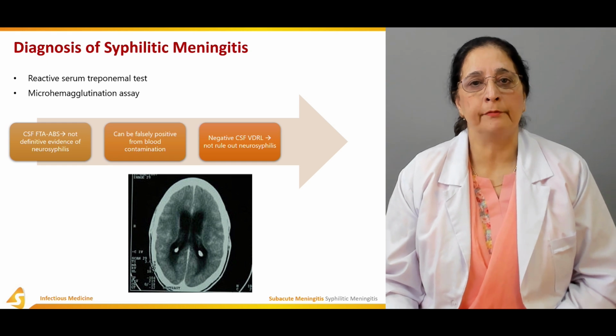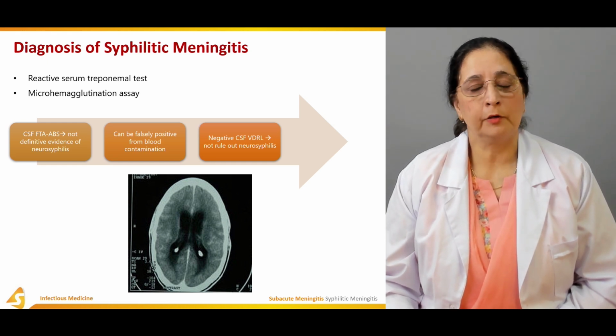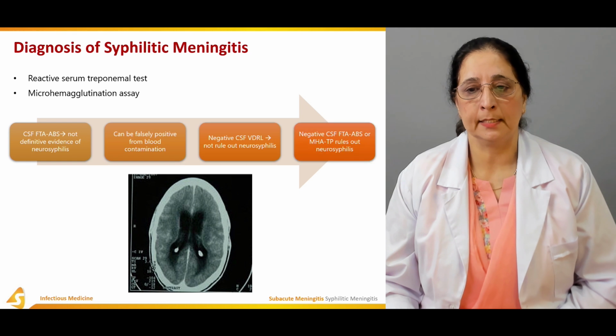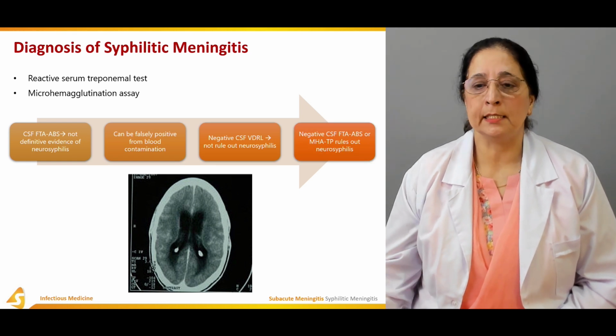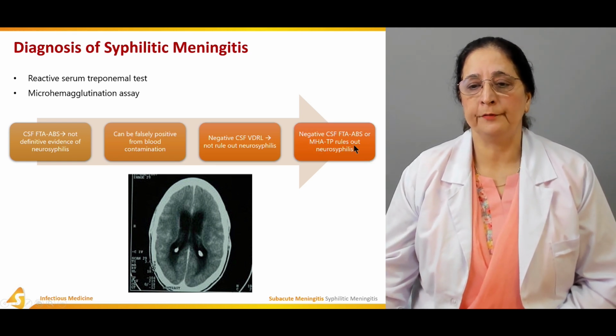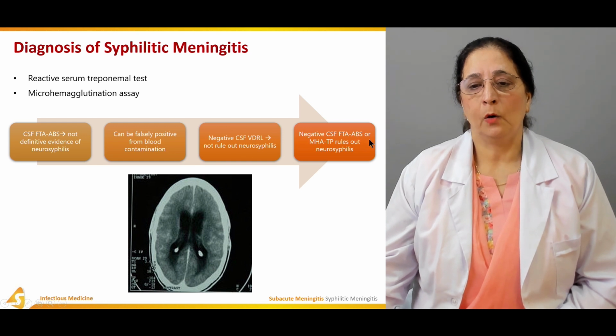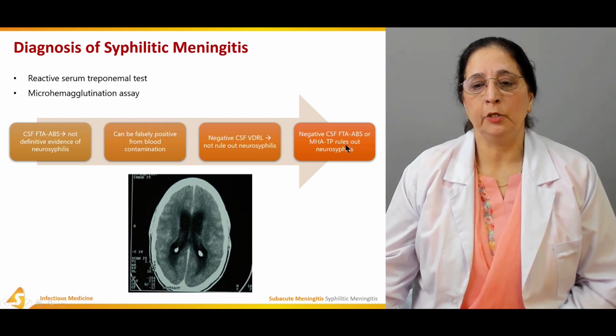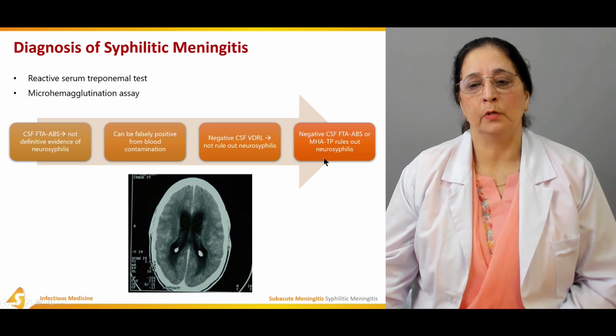A negative CSF VDRL does not rule out neurosyphilis. A negative CSF FTA-ABS or MHA-TP rules out neurosyphilis.